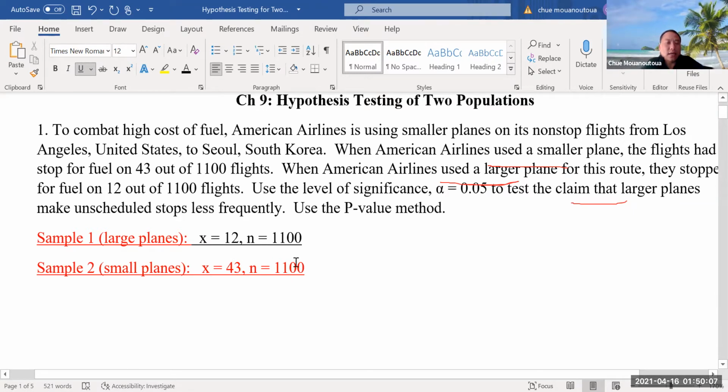And same size, they're both at 1100 flights.